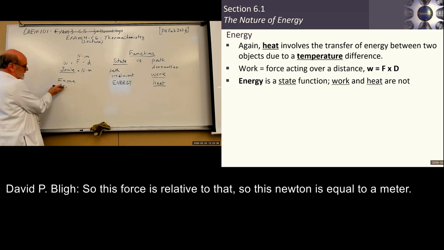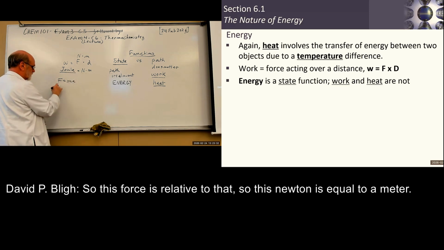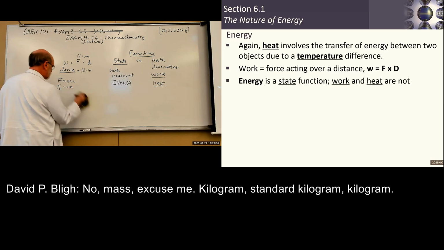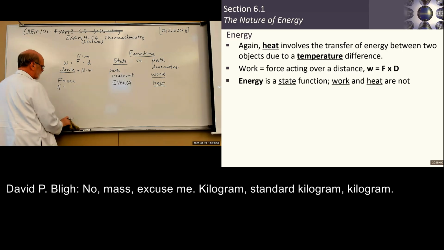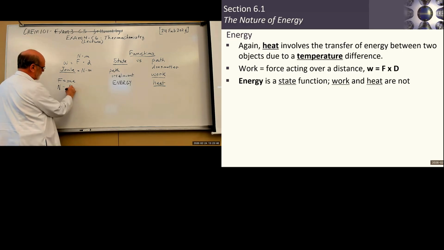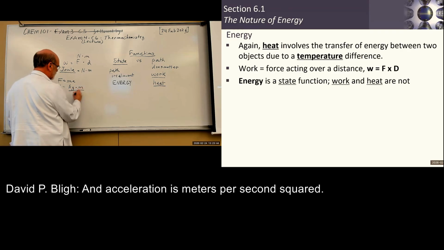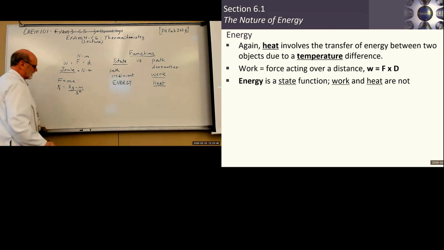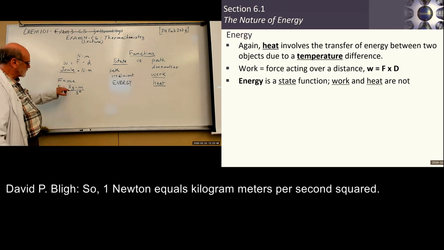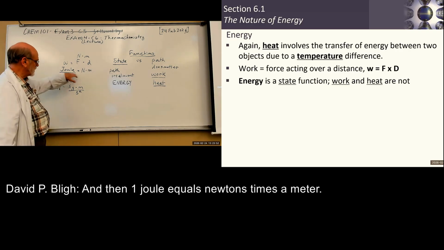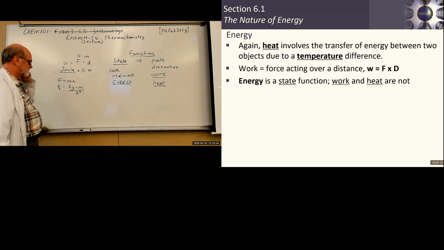So 1 Newton equals a kilogram, the standard kilogram, times acceleration in meters per second squared. So 1 Newton equals kilogram meters per second squared, and then 1 joule equals newtons times a meter.